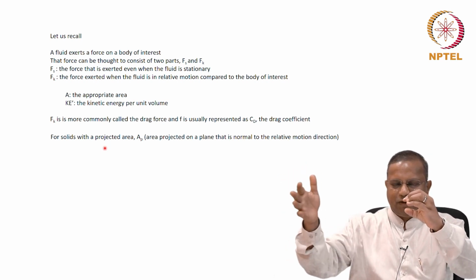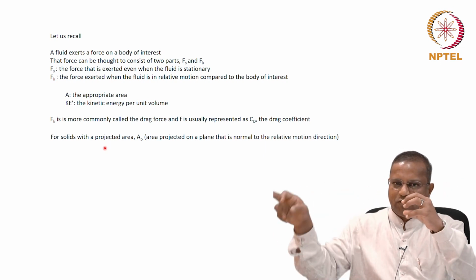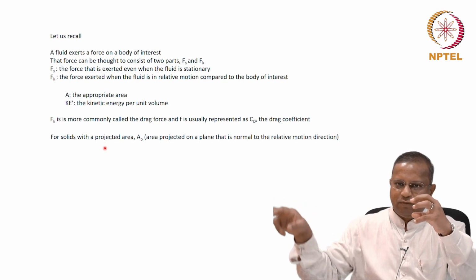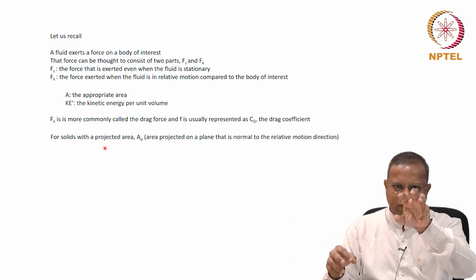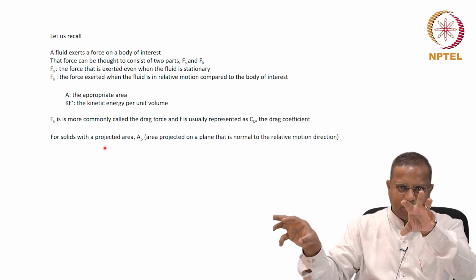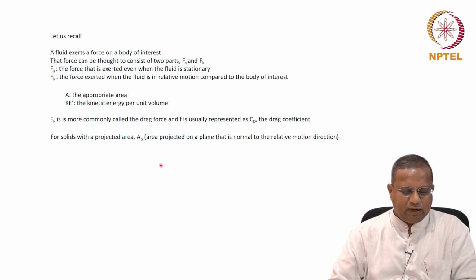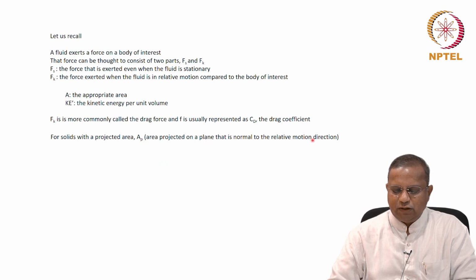If you shine a light, whatever you're going to see is a circle. This could be of whatever shape, and you could figure out a projected area which is appropriate to this shape. It could be complex, that doesn't matter. So that projected area is AP, the area projected on a plane that is normal to the relative motion direction.